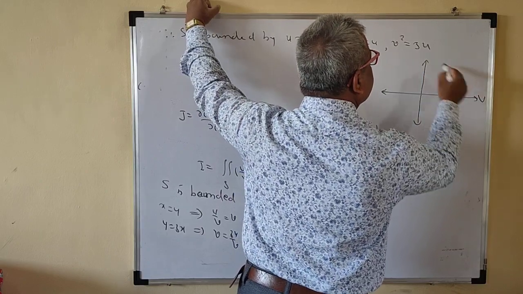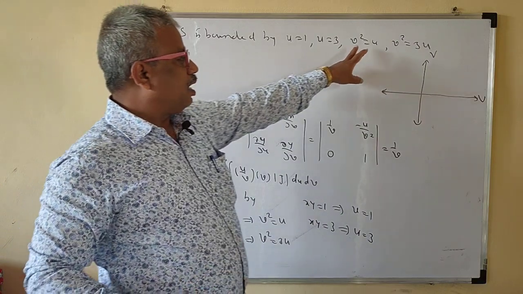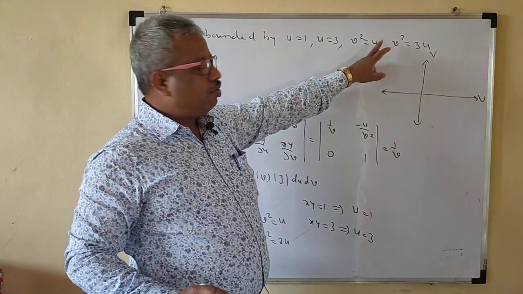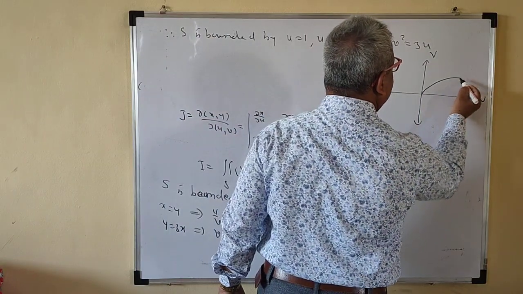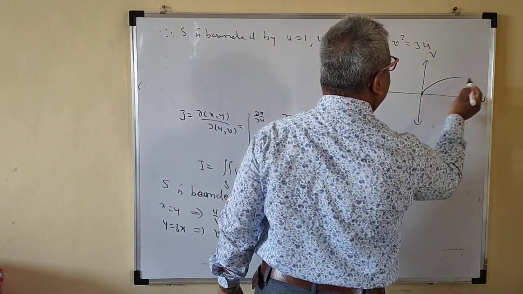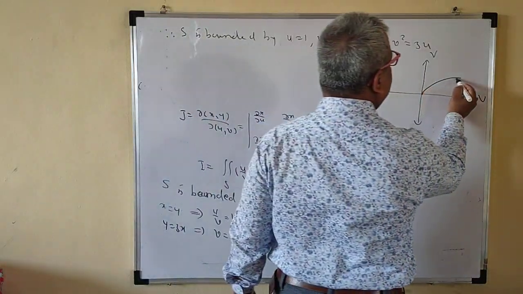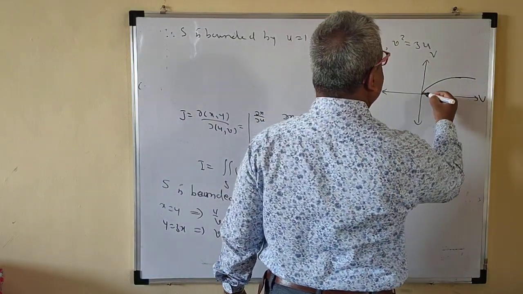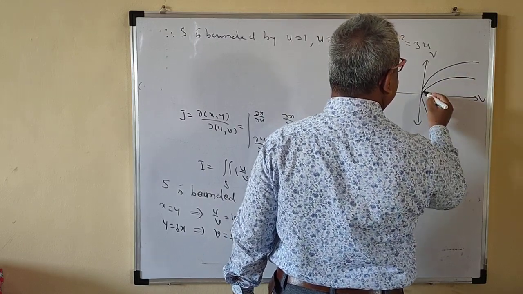This is your u axis, this is your v axis. Now for the parabola, first we will draw the parabola. This is v square is equal to u, and that is v square is equal to 3u. And where is the first quadrant? We will draw only the first quadrant. See, we can draw this like this.